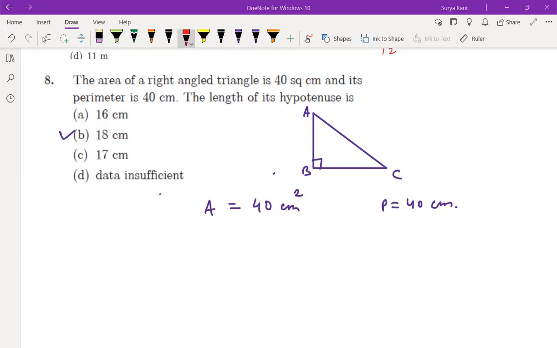This is 18 centimeters. How can you say? Sir, Hemant also got the answer. He was saying that he will reply, so let him reply. Sir, I am telling the answer. C equals root over of A square plus B square.